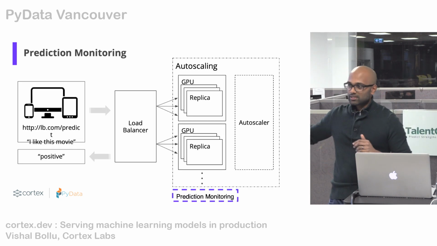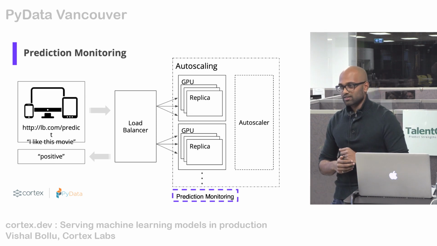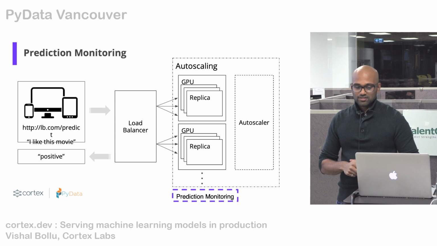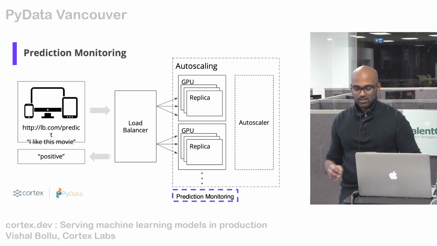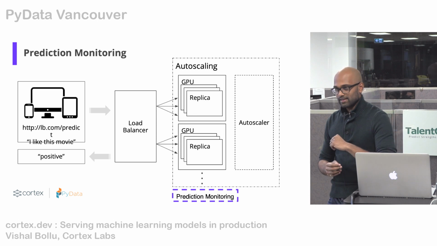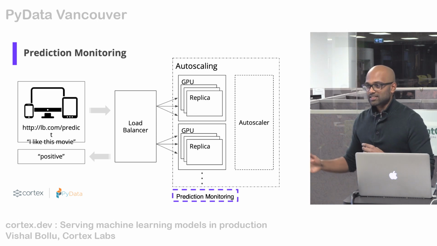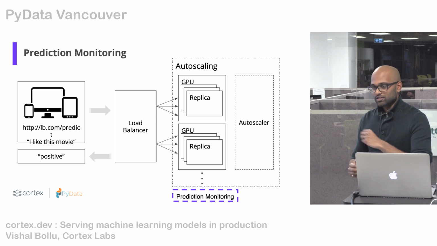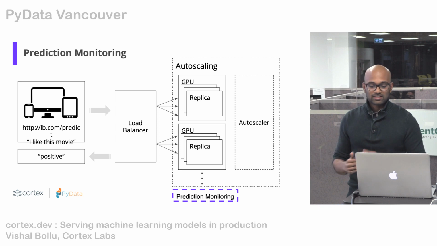Now, so we built this auto-scaling infrastructure. We need prediction monitoring for several reasons. We want to make sure that our autoscaler is doing its work and the latency is meeting our standards. So we can monitor things like latency, we can monitor things like 400 or 500 errors, and we can raise alerts if they exceed a specific threshold.